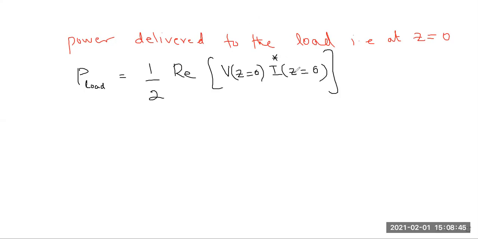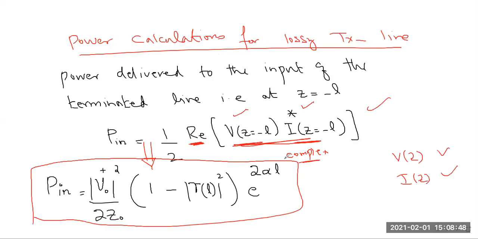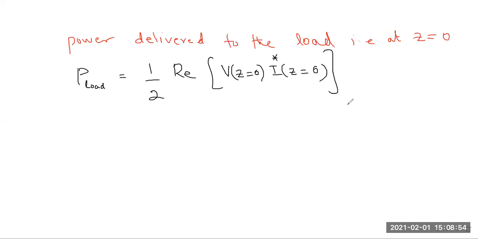This is the same idea. Previously we were using Z equal to minus L, and now we are using Z equal to 0. So all you need to do is substitute Z equal to 0 in the general expressions of voltage and current, multiply these two expressions, and then finally take the real part.